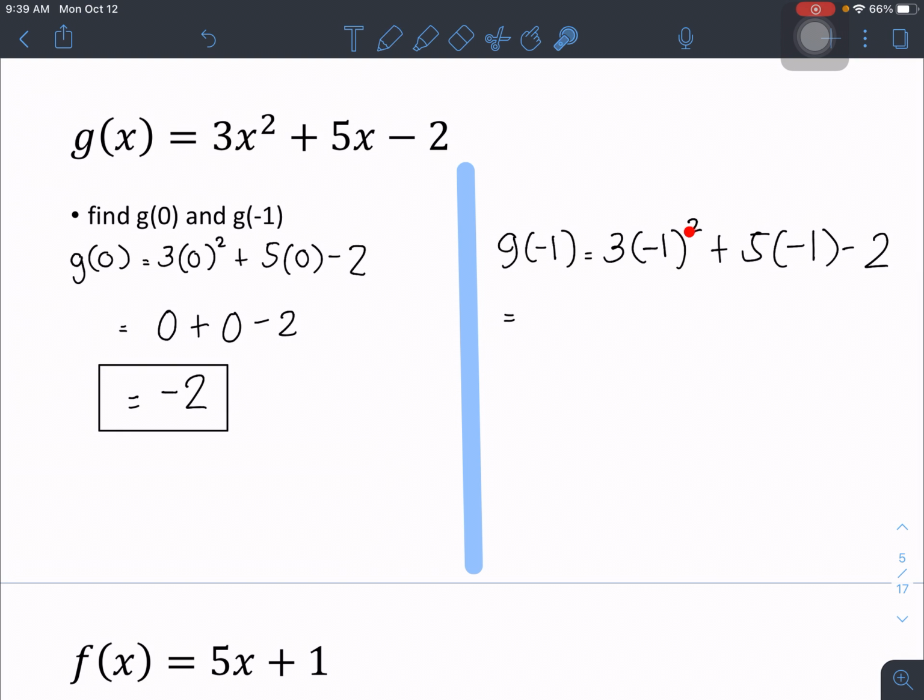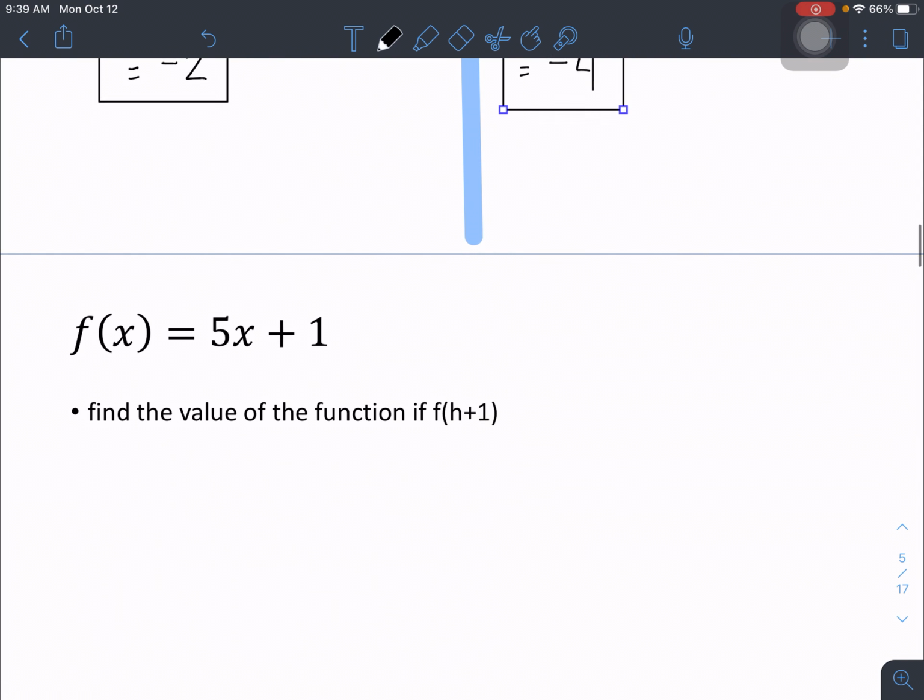Negative 1 squared is equal to 1, multiplied by 3 is equal to 3. Plus 5 times negative 1 is equal to negative 5. So this will be negative 5 minus 2. 3 plus negative 5 is equal to negative 2, minus 2 will be equal to negative 4. Okay. Next one.